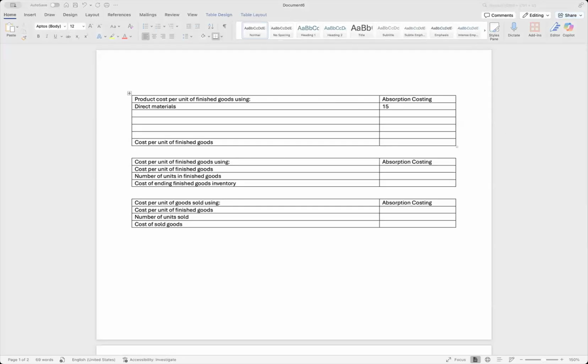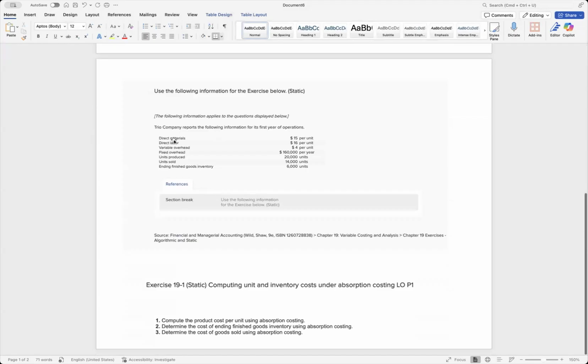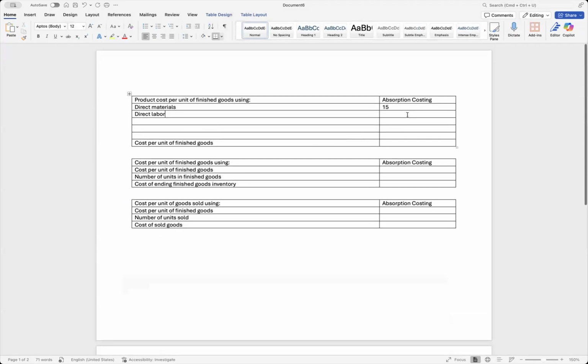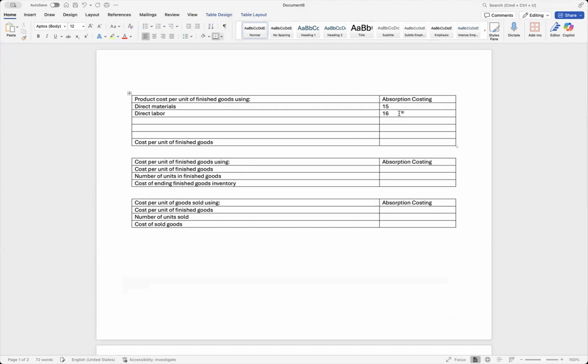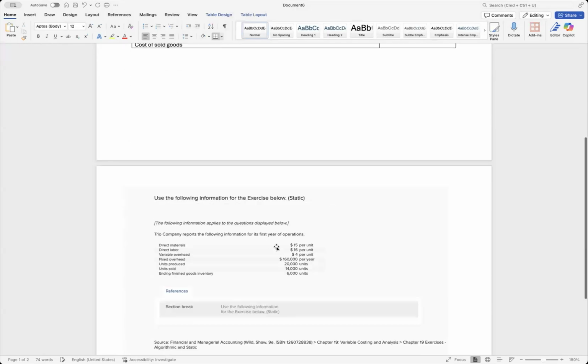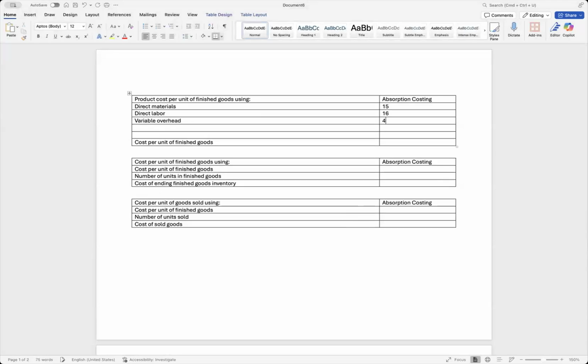It's already given to you. Our direct labor, the question also gives it to you. So it's $16 per unit, so you're going to put $16 here. Then we have our variable overhead. It gives us the variable overhead of $4 per unit, so we just put $4 there.